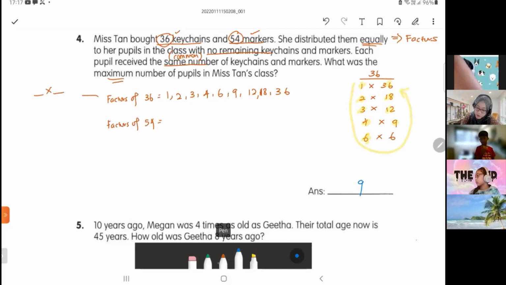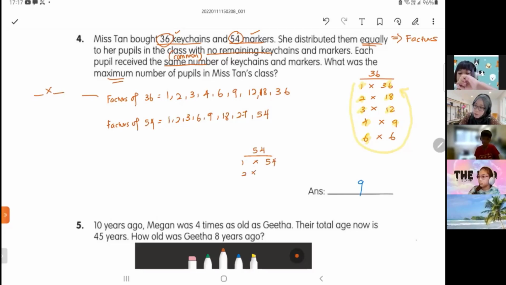Now, factors of 54 will be 1, 2, 3, 6, 9, 18, 27, and 54. If you don't understand how I get this, 54 is 1 times 54, 2 times 27, 3 times 18, and then 4, you don't have. 6, you have. 6 times 9.